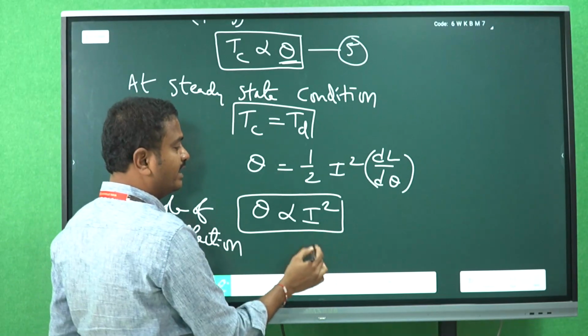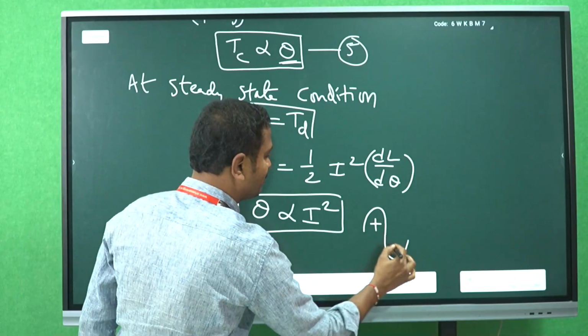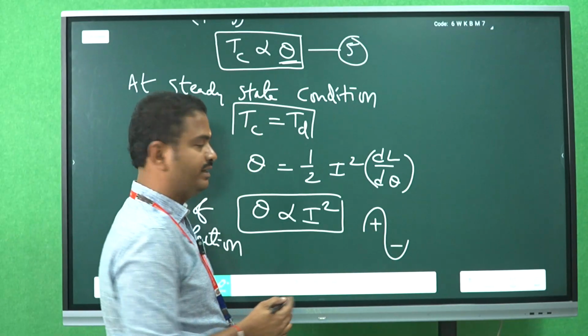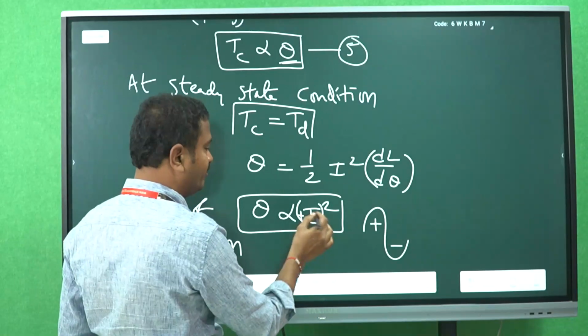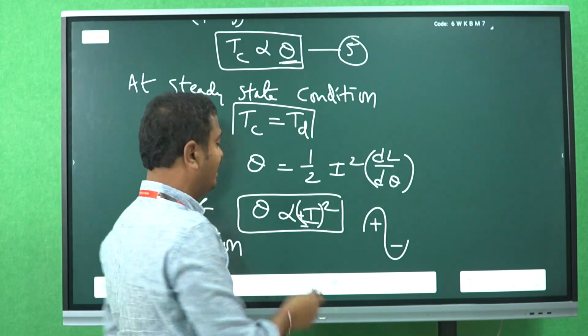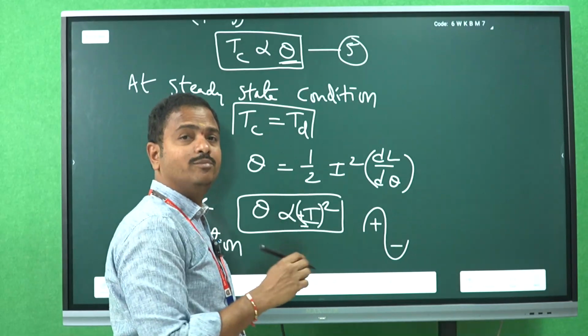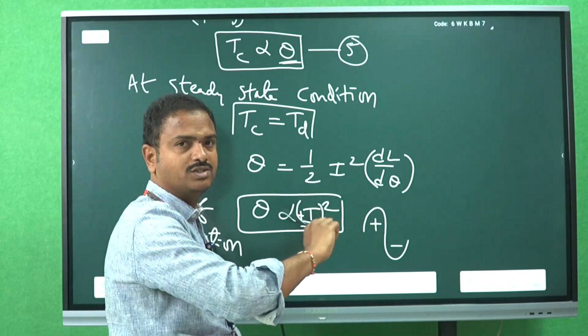If we connect the MI type instrument to an AC supply, we have both positive and negative peaks. If the current is positive, it is squared. If the current is negative, it is also squared. So the angle of deflection is always positive, that means Td always produces positive deflection.